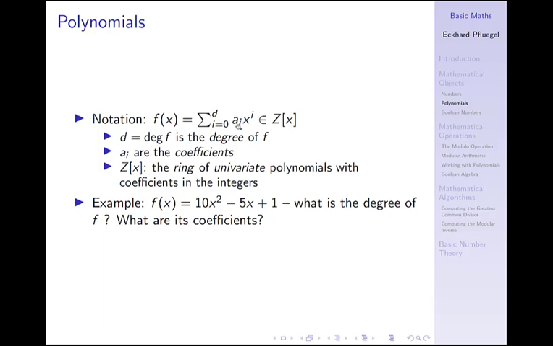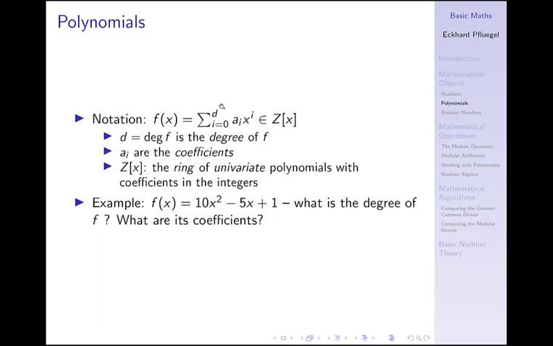So you need to get used to this notation first of all. This funny thing here, the sigma, is basically a shortcut for denoting the sum. And then these are the coefficients, a index i, and i is like an index. It's like in a for loop. It's used to designate the different coefficients, and this range of the index goes from 0 to d. So d here would be a positive number, and we call this the degree of the polynomial.